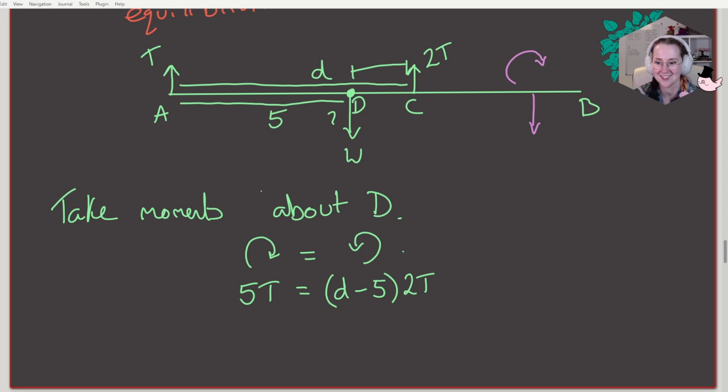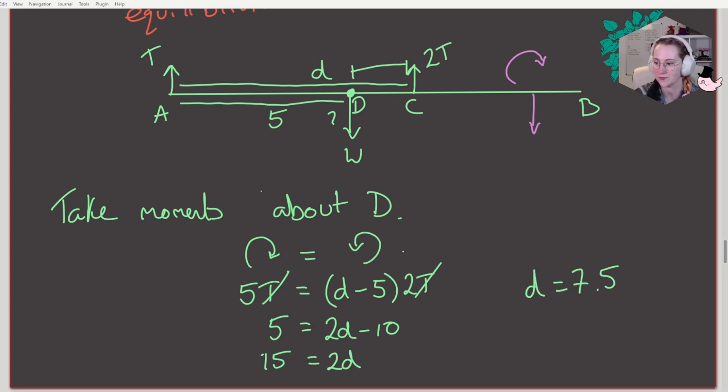We can now simplify and cancel out the T's. We get 5 is 2d minus 10, which is 15 is 2d. So d is 7.5 meters, because we are good mathematicians and we make sure that we use our units. Whew, we got there in the end.